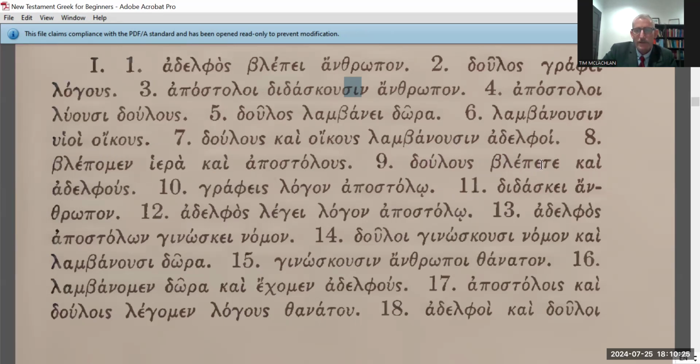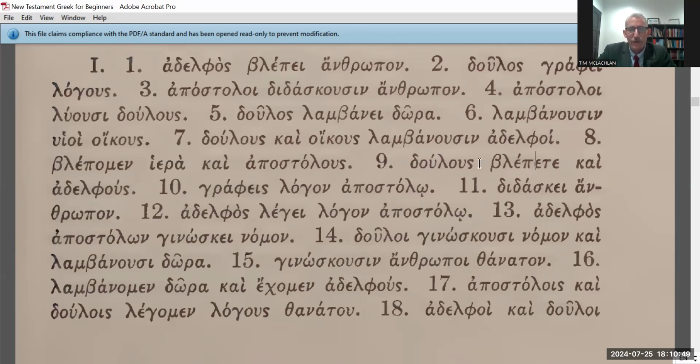Okay, so in this case, you see plural, and this is going to tell us where the subject is, because dulus is not the subject and adelphus is not the subject, so we just have the subject wrapped up in the ending of the verb blepete. So you plural see, and what are they seeing?